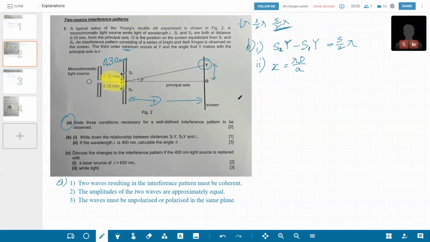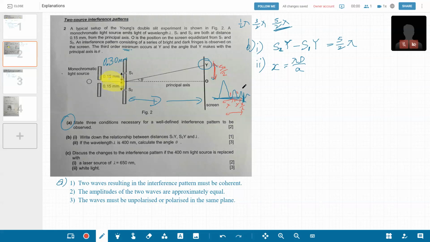If you recall for Young double slit, let's say this is the central fringe, 1, 2, 3. This is the third order minimum. So bright to bright is x, bright to bright is x, bright to dark is x over 2. So the distance here is going to be 5x over 2, or 2.5x. x plus x plus x over 2 gives the third order minimum.